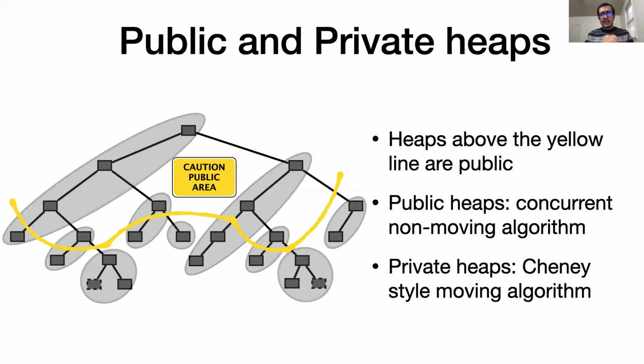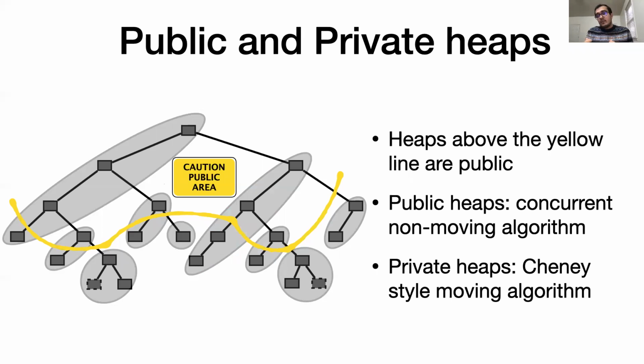So I'll show you how we collect each heap in the heap tree. As an optimization, we use two different collection algorithms for collecting heaps. We divide the hierarchy into two parts, public and private. The heaps above the yellow jagged line are public. If you look closely at a public heap, you'll see that its children are in different bubbles.